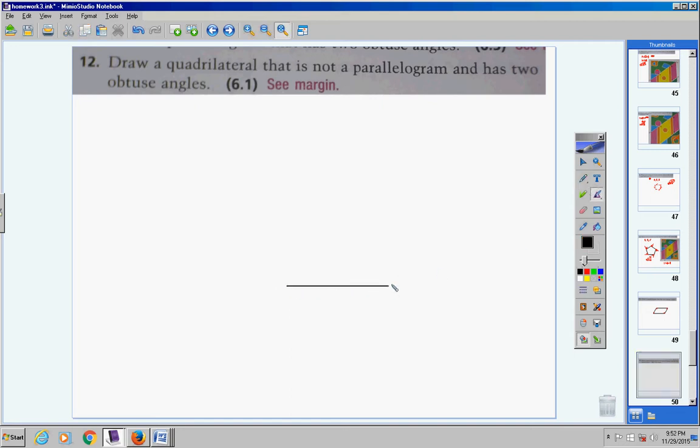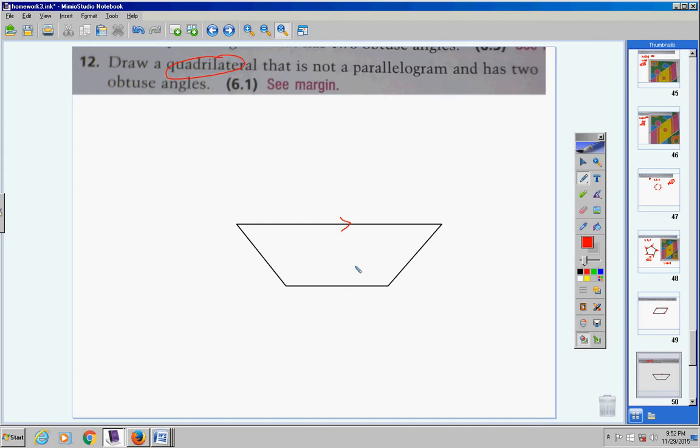Now draw an obtuse angle here, there. Draw an obtuse angle here, there. And then connect these 2 sides, there. Now, that is a quadrilateral. Has 4 sides. 1, 2, 3, 4. It's a quadrilateral. It's not a parallelogram.